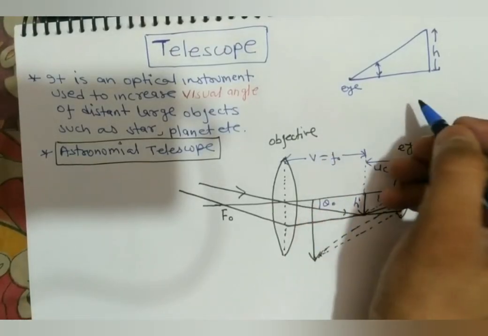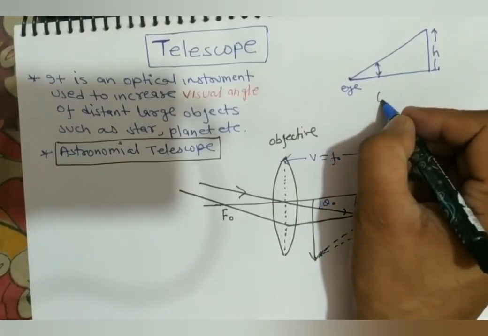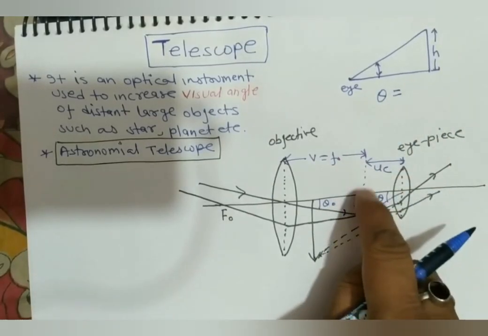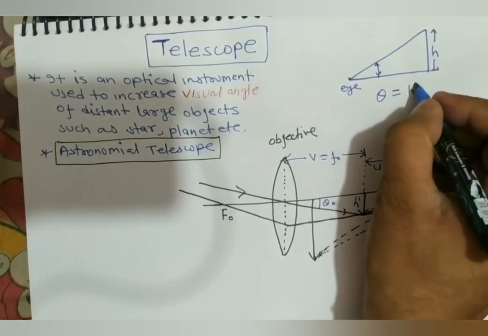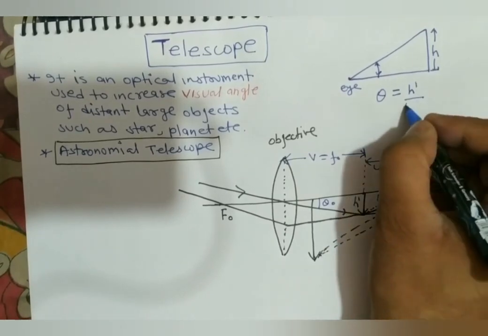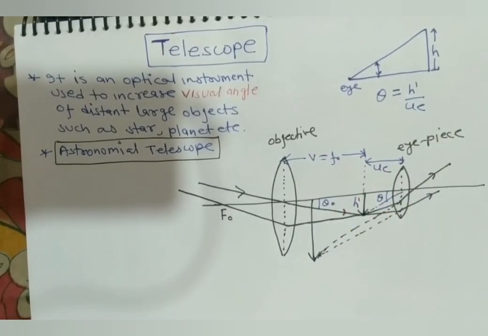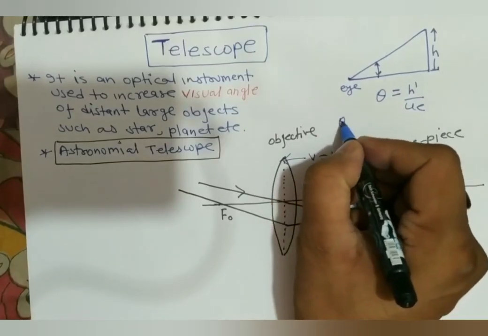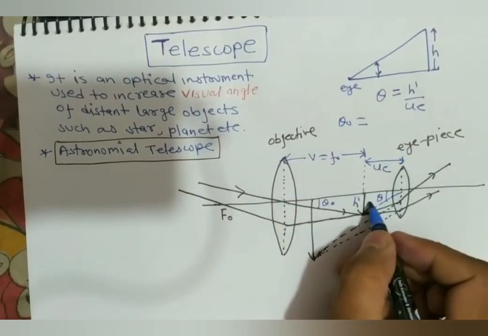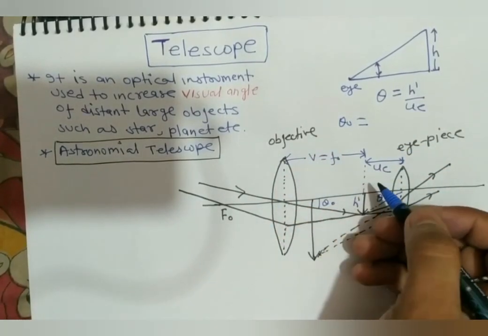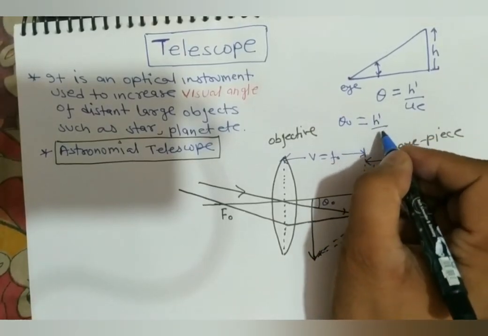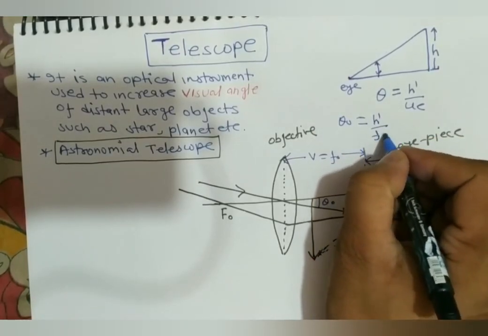Now we can see here, let it be H dash. Then theta will be perpendicular upon base, H dash upon UE, and theta naught will be H dash upon F0.